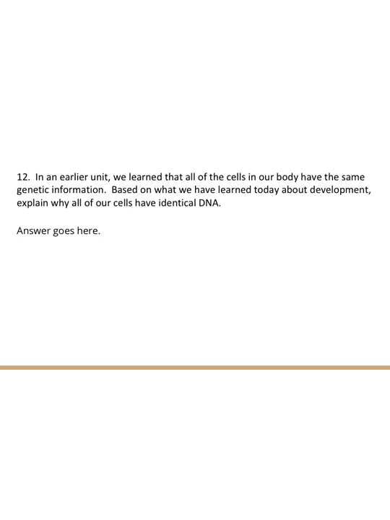In an earlier unit, we learned that all the cells in our body have the same genetic information. Based on what we've learned about development, explain why all of our cells have identical DNA. I'm going to make this super easy and super fast. Because mitosis is responsible for growth and development of organisms.